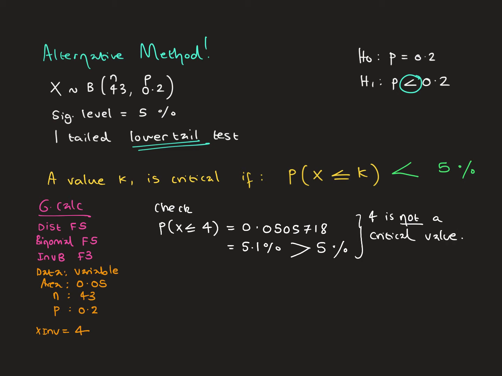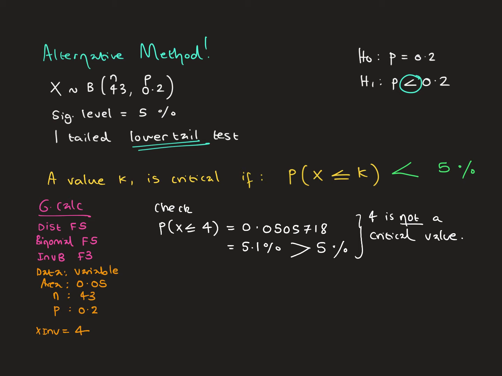And it's really important to actually test this to check whether the inverse binomial has given you the correct values. The inverse binomial will give you an indication of the correct critical values, but it may not give you exact critical values or values that will end up with a significant result. You've always got to check them.